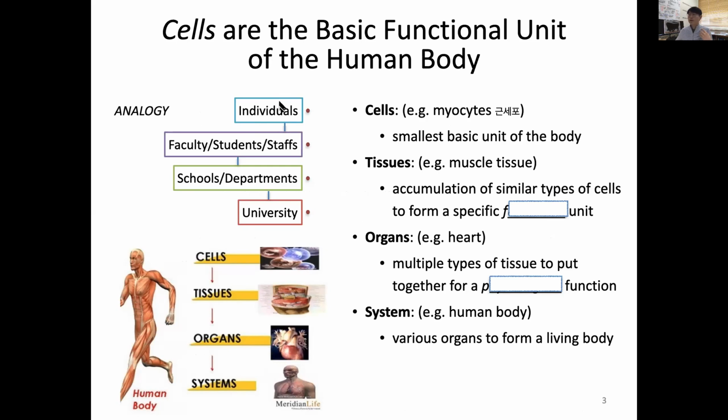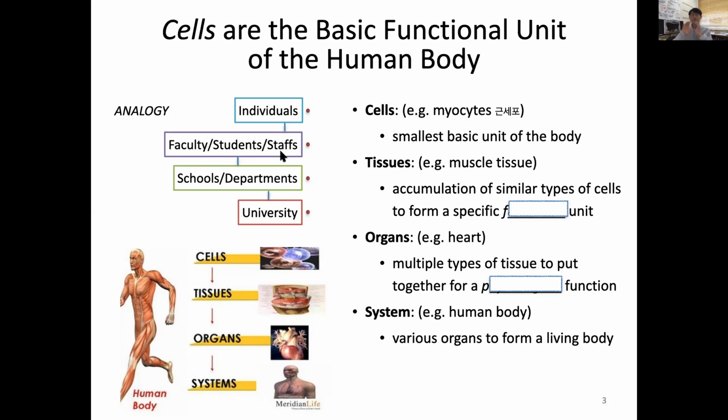And what about you students, or me, faculty? The accumulation of similar types of individuals forms faculty, students, or staff. The role of students is to learn and perform research, faculty teach, and staff support the system.